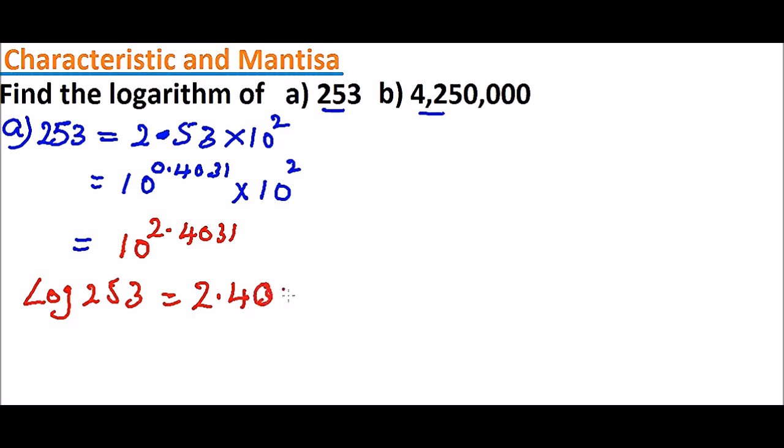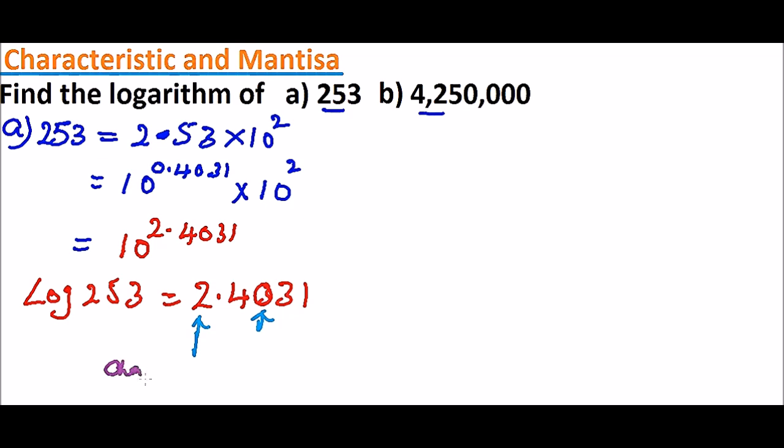Now in our logarithm there, we have this whole number 2, and this decimal number. So the whole number is referred to as a characteristic, and the decimal number is known as the mantissa.